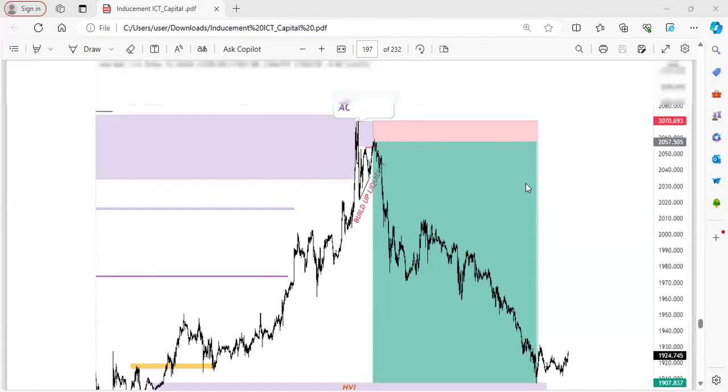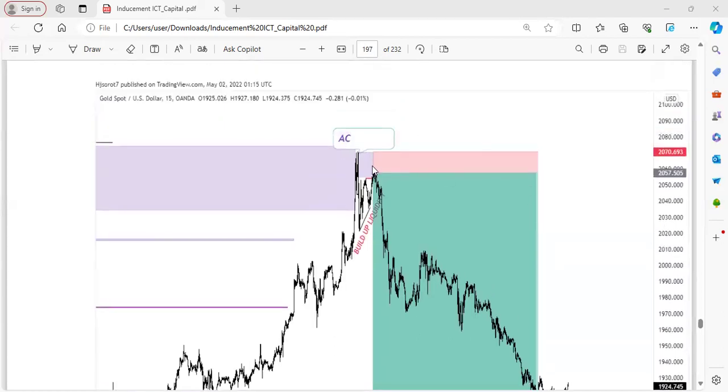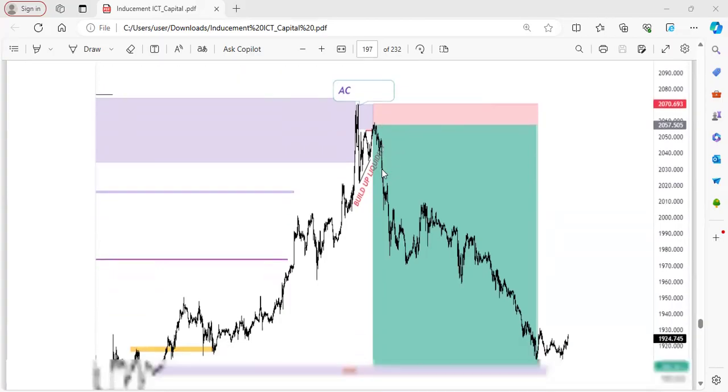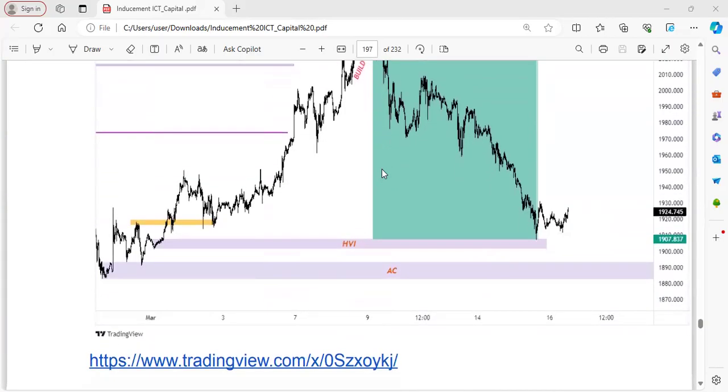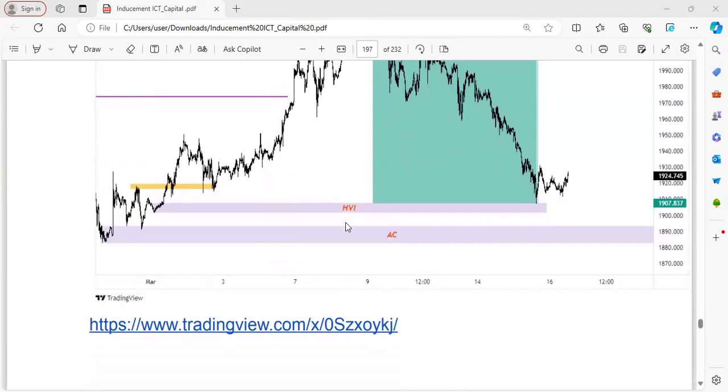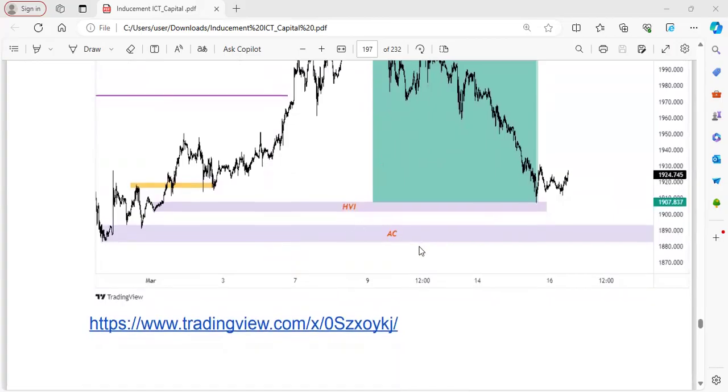So looking at this algo candle, liquidity build up, the market took out the liquidity, obviously, and went downwards, right?